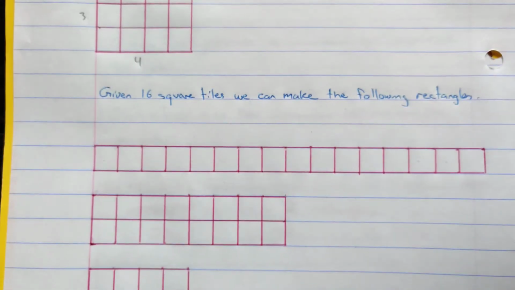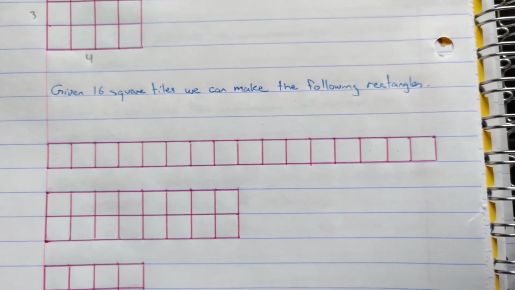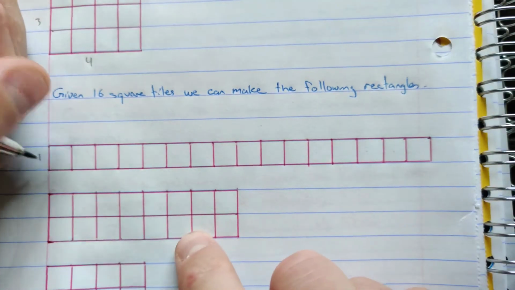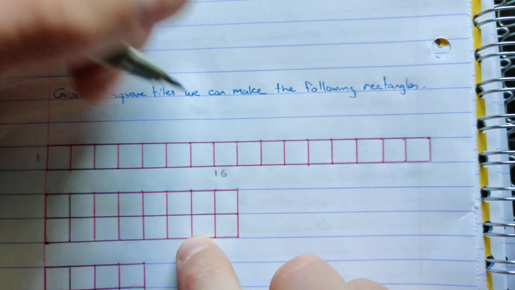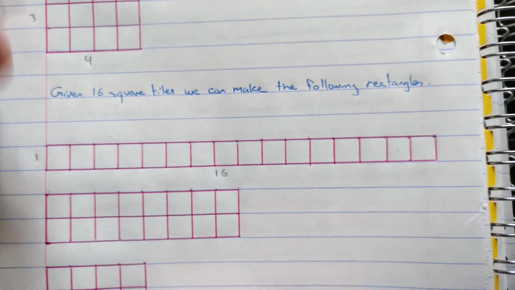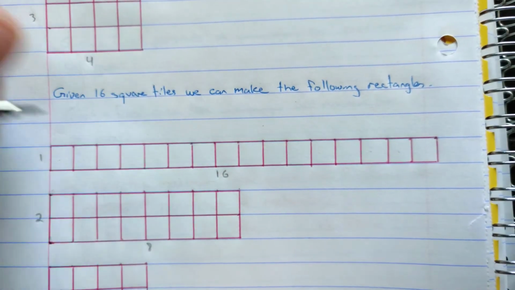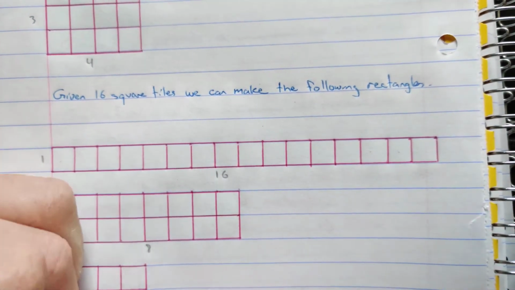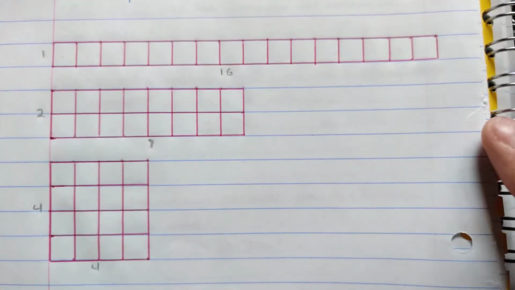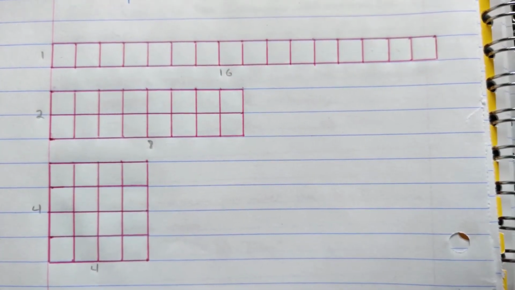Now, given 16 tiles, we can make these rectangles. We can make this giant 1 by 16. I can make a 2 by 8. And I can make a 4 by 4 square. Keep that in mind. The square is important.